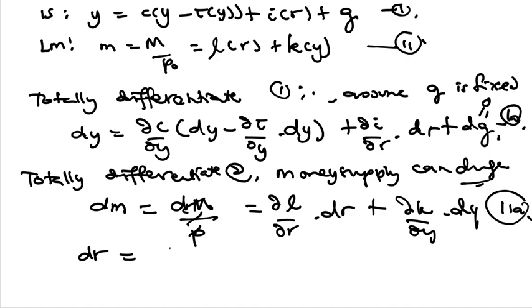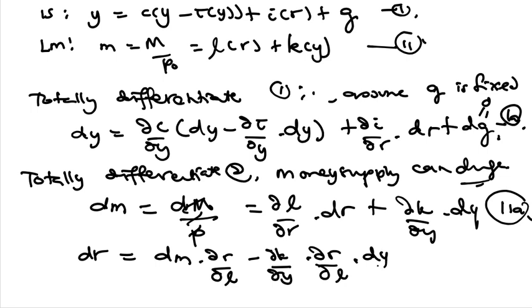After rearranging, we get dM multiplied by delta R over delta L, minus delta K over delta Y times delta R over delta L times dY. I call this one 2B. From here to here, I don't show the steps, but you must figure them out. Don't miss this step. It becomes homework for you, and in the assignment you have to show it also.